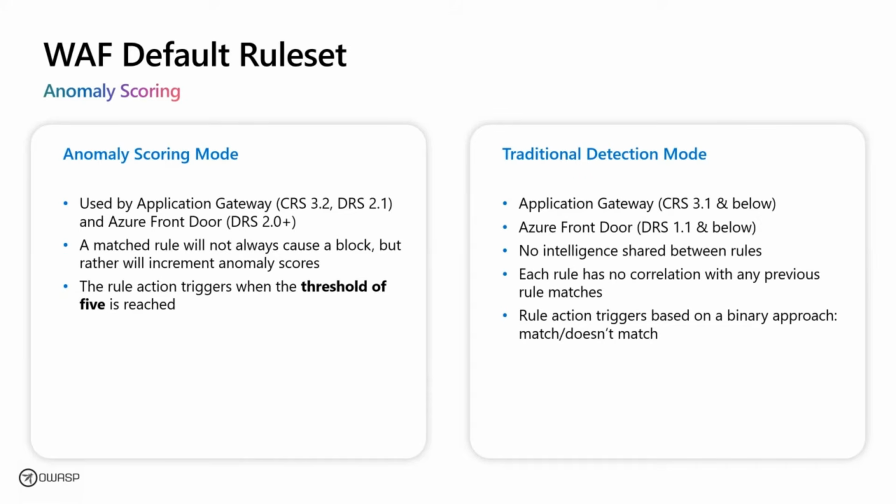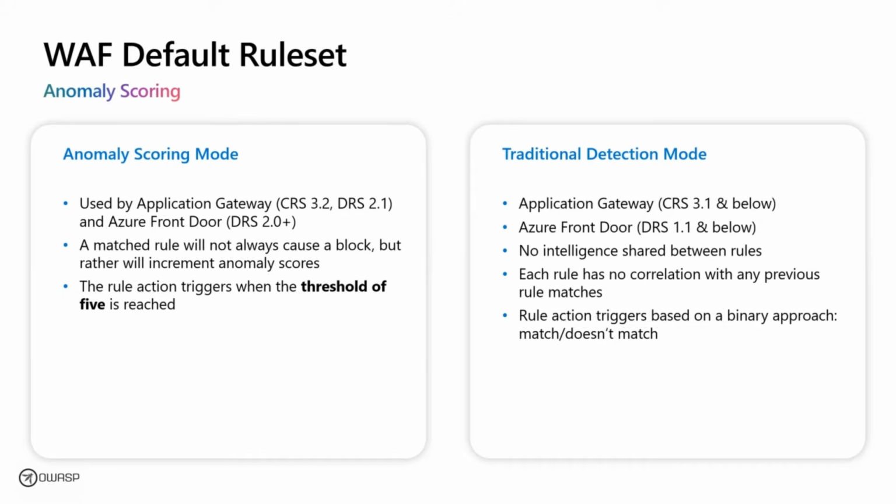This severity, like I mentioned, affects a numeric value for the request, which is called the anomaly score. If a request accumulates an anomaly score of 5 or greater, the WAF takes an action on the request. This allows the WAF to make more informed decisions and helps reduce the chances of false positives.